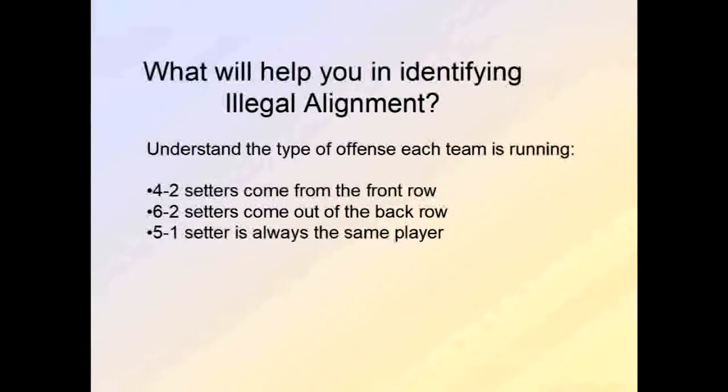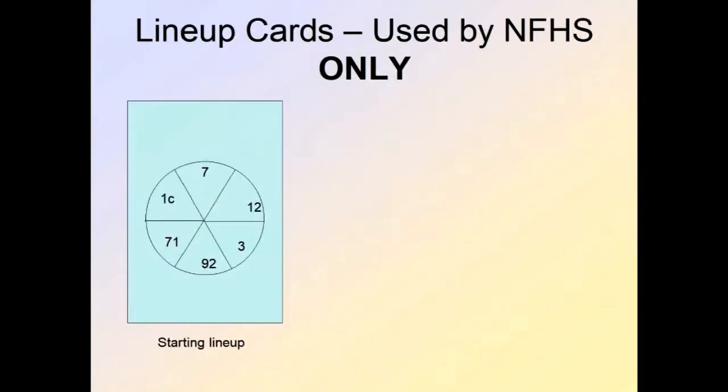The setter is always the same player and plays all the positions. And if they run a 6-3, you'll understand that it's a triangle position, and that will help you in identifying illegal alignments. A lineup card will also help you in understanding and identifying illegal alignments and player positioning.